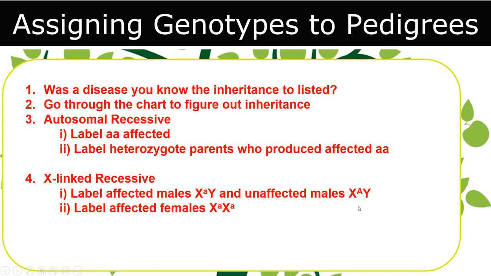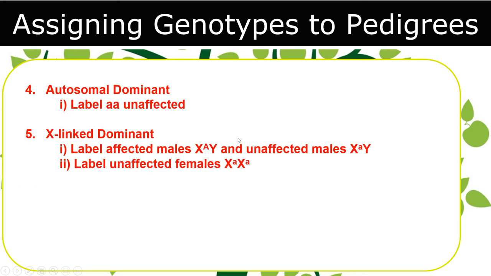If they don't have the disease, they have X uppercase allele Y. If they do have it, it's X lowercase whatever Y. And then you can go through and label your affected females with 2 copies of the disease allele. And after that, you can usually just figure out who's what by following the Punnett squares.